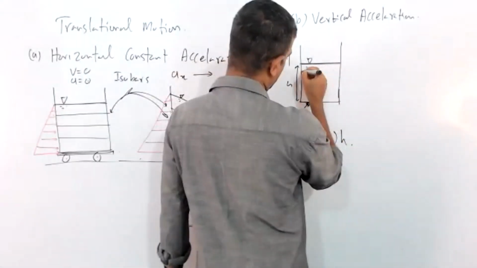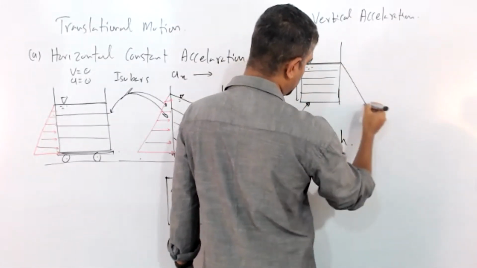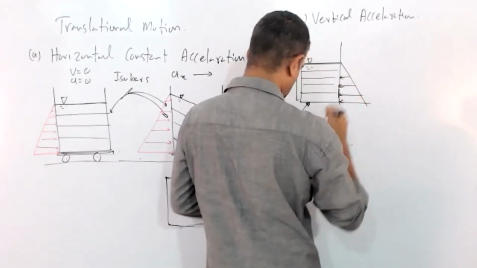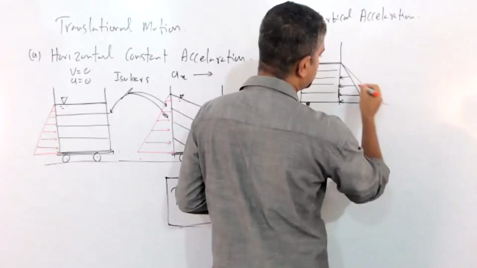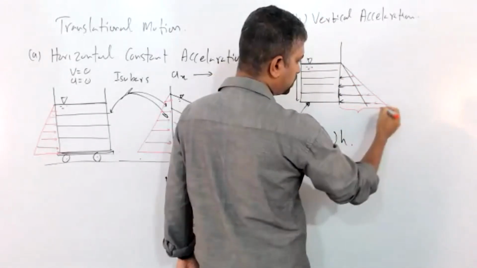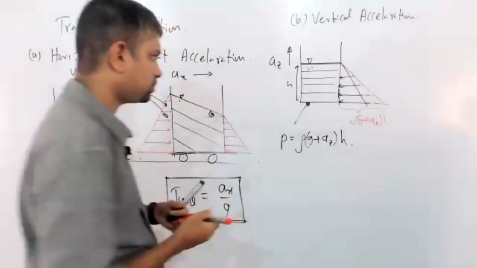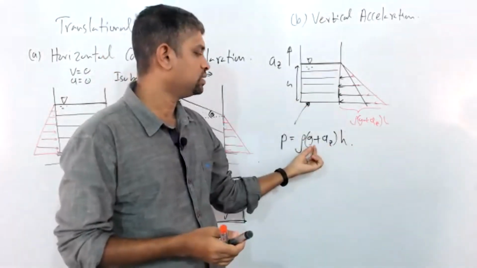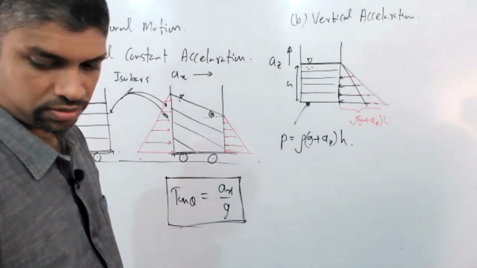Compared to the normal distribution, the new distribution will be a little bit wider. This is the rho g h part, and the whole thing is the rho (g plus az) h part. Now the pressure will increase when it is moving upward. If it is moving downward, g minus az is the effective acceleration to calculate the pressure.